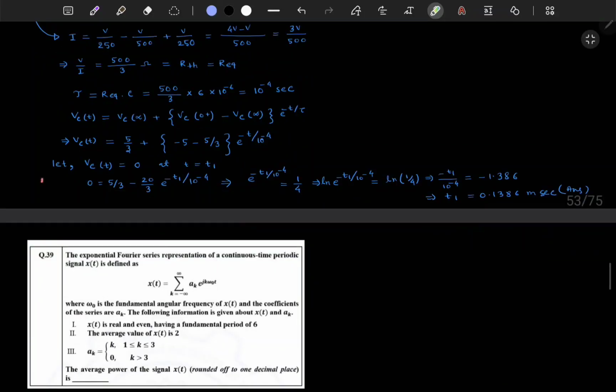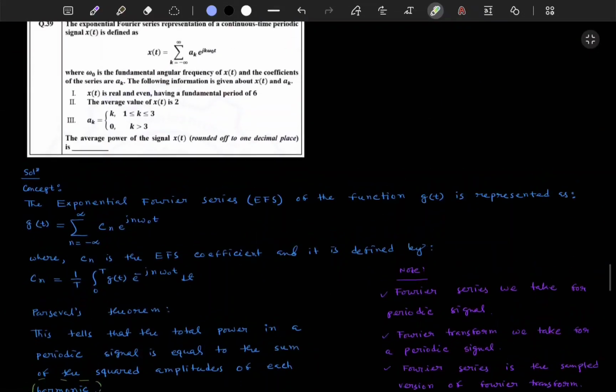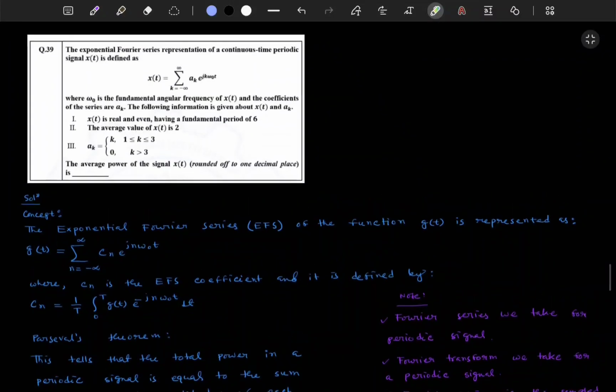Now let Vc(t) be 0 at t equal to t1. So the left side is 0 and here t equal to t1. Now using ln and so on, we will get this time, which is this. So this is the answer.